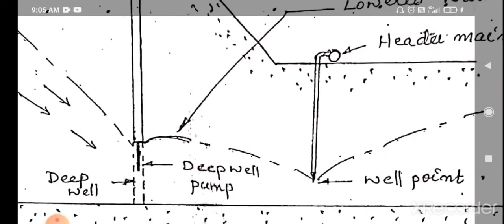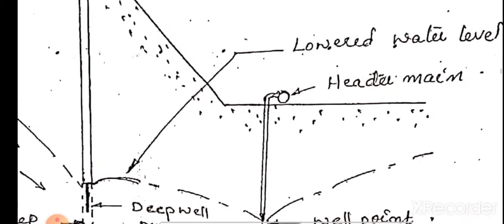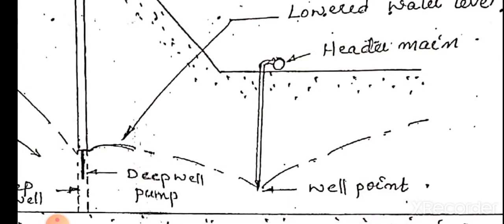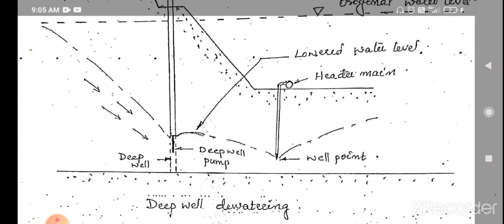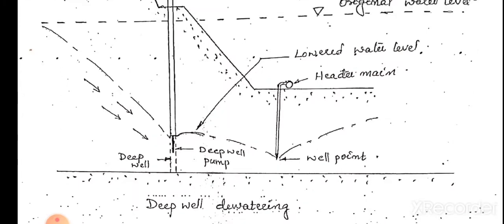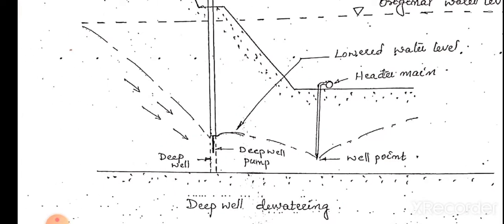The water table gets lowered to here. Again, this water table can be lowered by using a well point system at the bottom of the excavation. I hope you understand. So the water table can be lowered to a greater depth by combining deep well and well point.